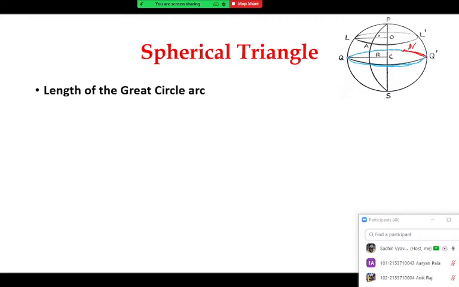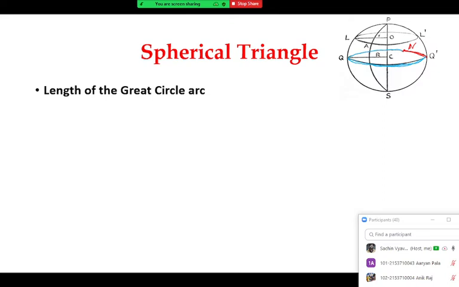For example, if we have Q and Q dash, arc QQ dash has equal length because it is exactly a semicircle. So that is only for QQ dash. Otherwise, the arc is always considered as the smaller arc only.